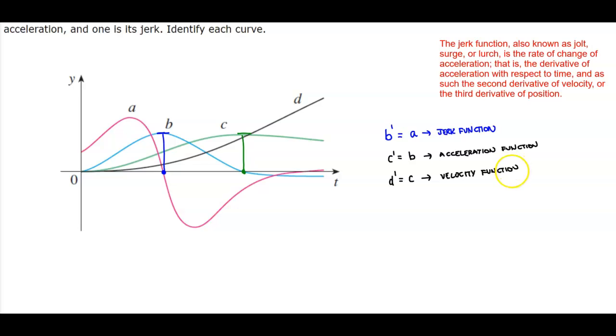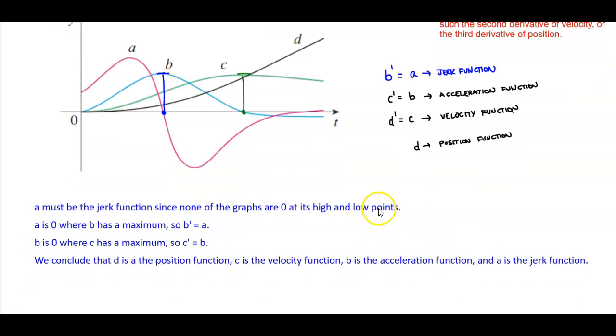And if C is the velocity function, B is the acceleration function, and the jerk function is A, then we would say that D would then represent the position function.